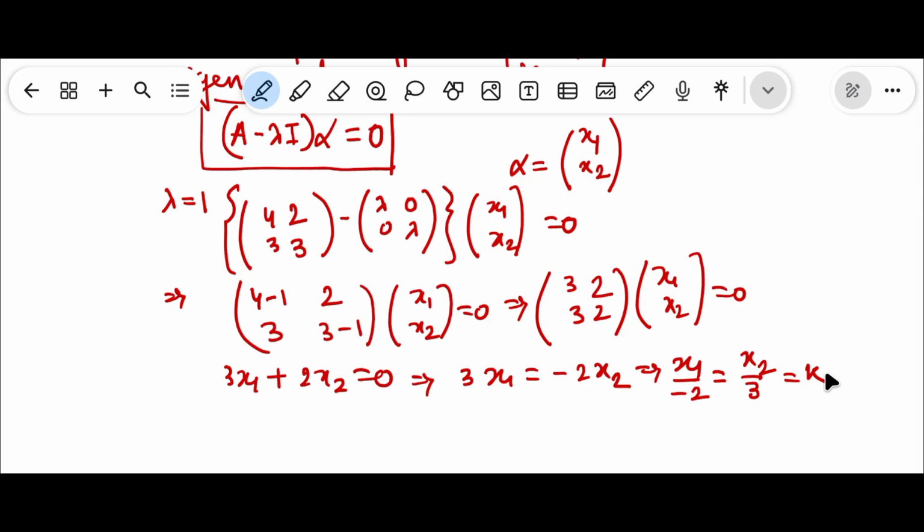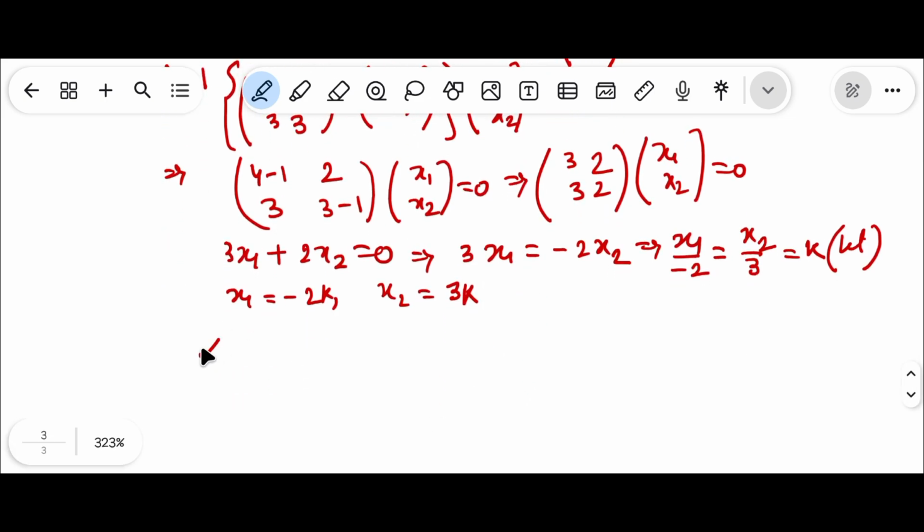Let us take that equal to k. So x1 equals minus 2k, and x2 is 3k. Therefore our alpha is x1 x2, so let us put minus 2 and 3.